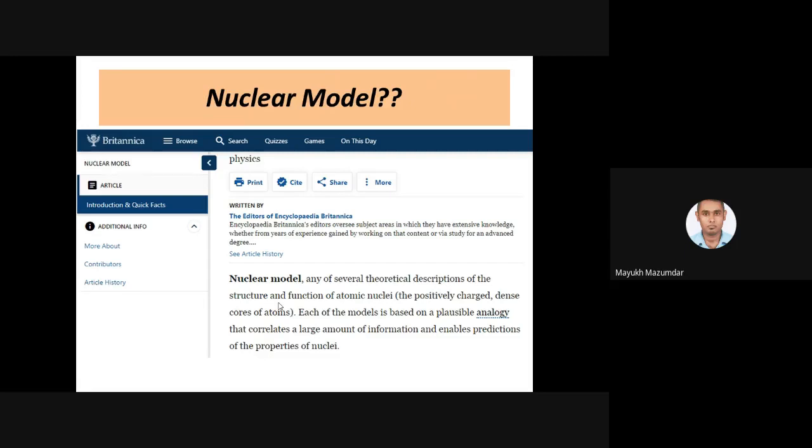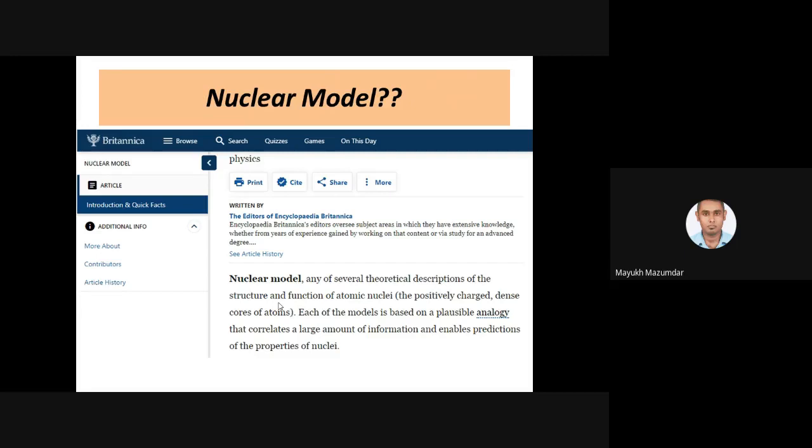To address these diverse types of behavior of a nucleus, the scientists use many theoretical descriptions, because as I said, on many occasions it's not possible to just take something in your hand and look into it. One instance is the nucleus.